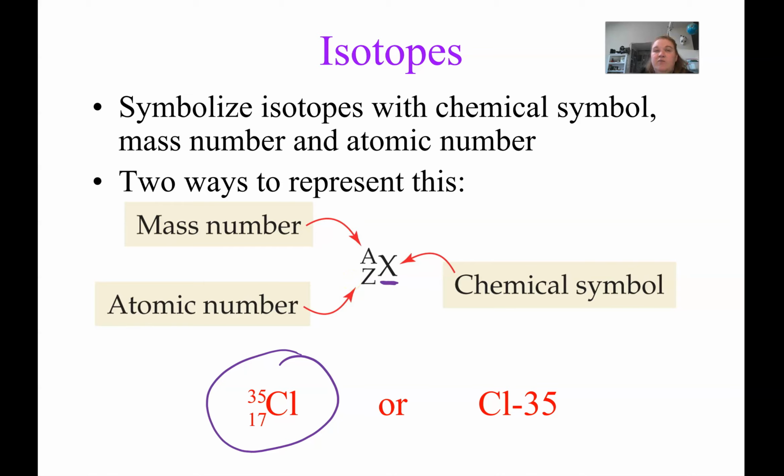And this is what would be the more proper way to write it, but because that can be difficult to type, we also see it written this way, where we are just using the mass number, because the atomic number is redundant. We know that if an element has 17 protons, it's chlorine. And if we know it's chlorine, we know it has 17 protons. So those 2 pieces of information are always going to be the same.